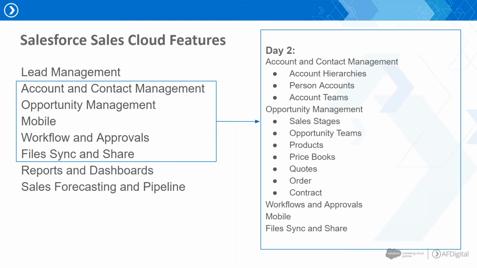I know that we didn't have this in our demo, so we will add the order and contract, and we will discuss the workflows and approvals configuration. Then Nicole will be discussing the mobile and files sync and share.